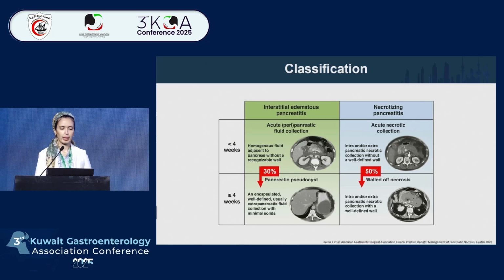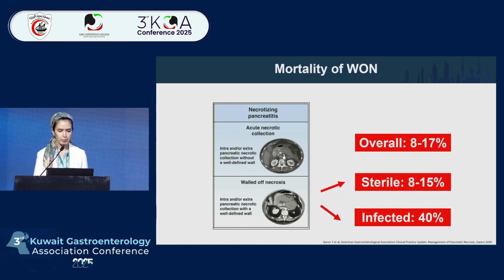With necrotizing pancreatitis, about 50% of patients will develop a collection, and here we call these collections walled-off necrosis rather than pseudocyst. They do have a well-defined wall, and they contain pancreatic necrotic tissue. On imaging, we see a lot of debris, sometimes solid content.